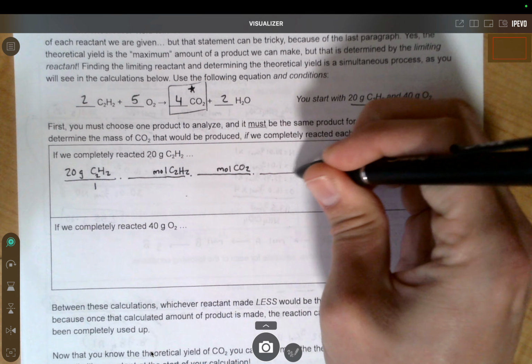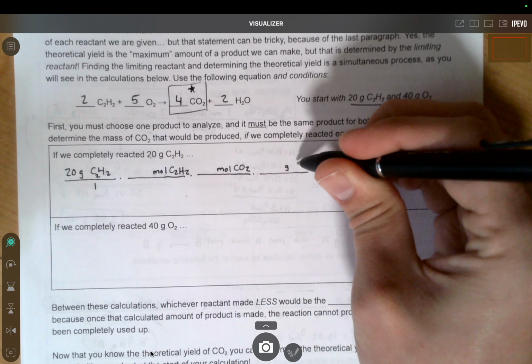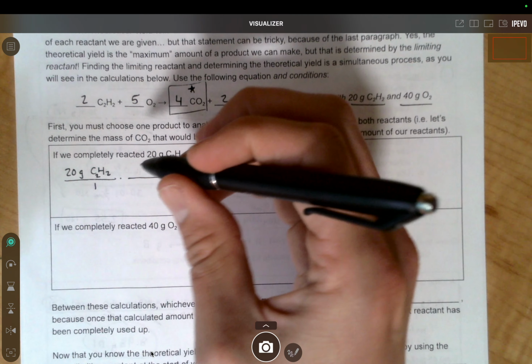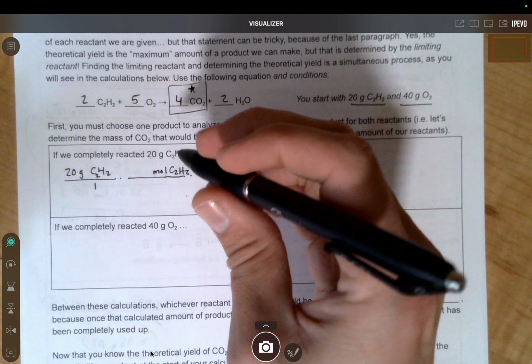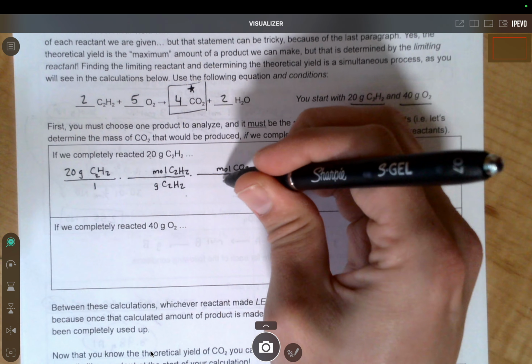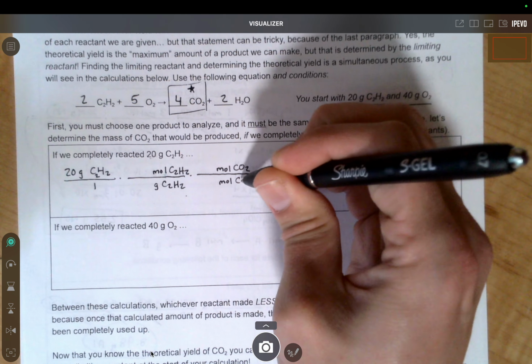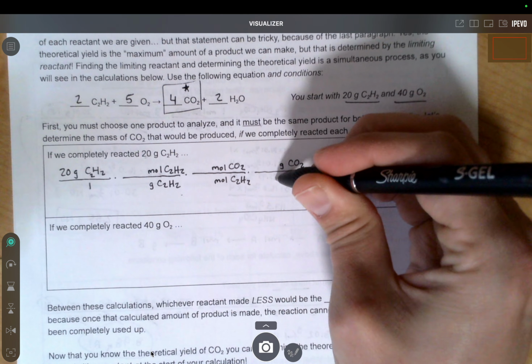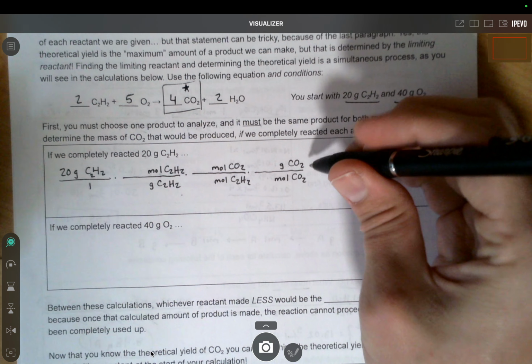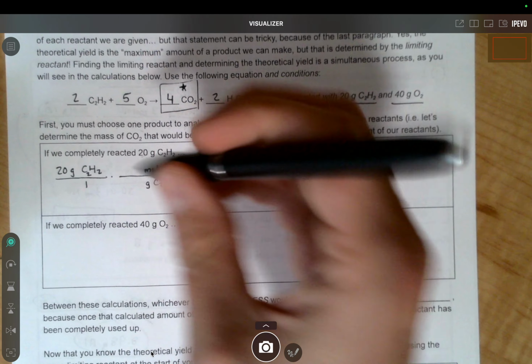And then we solve for grams of CO2. Actually, we technically don't even need to go all the way to grams, but it's good practice. I'll show you why in a moment. So, grams of ethyne, C2H2, moles of ethyne, C2H2, and moles of CO2 as I follow my units all the way. I'm going to go quick here.